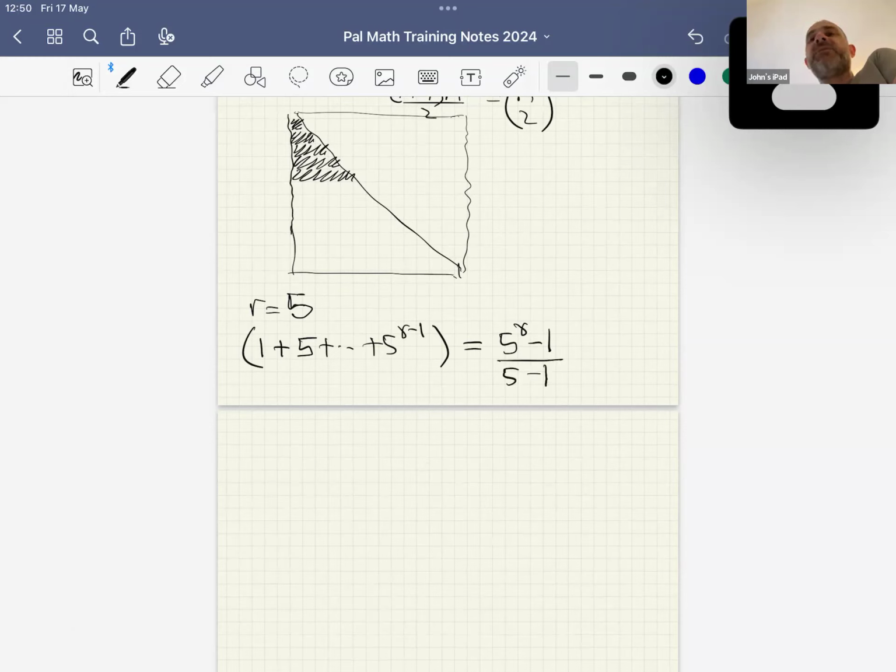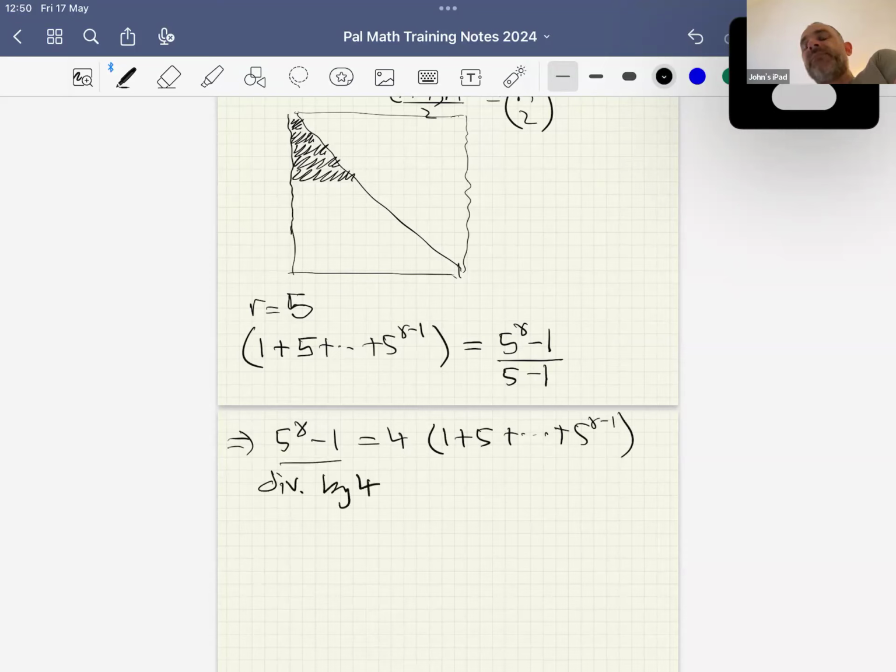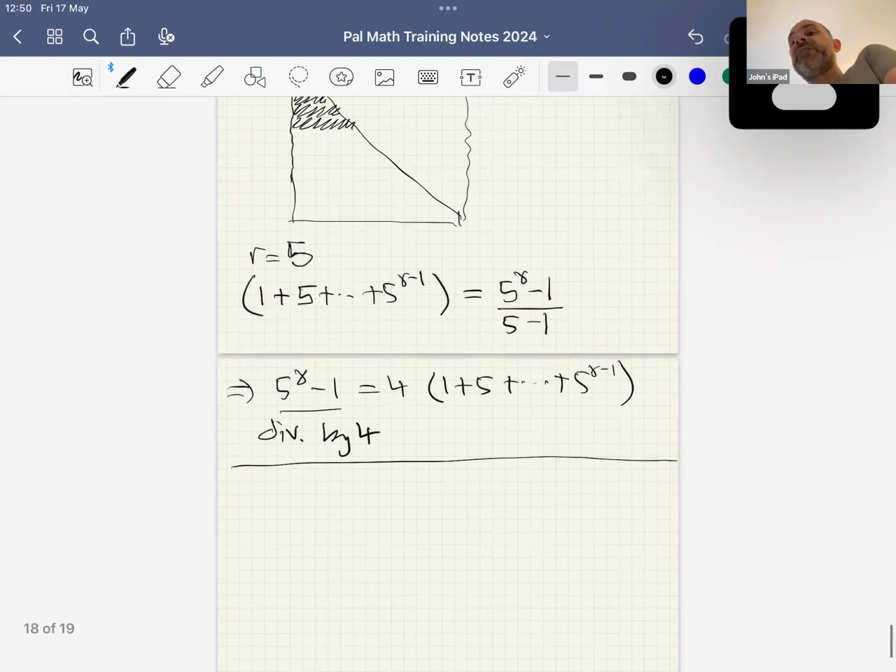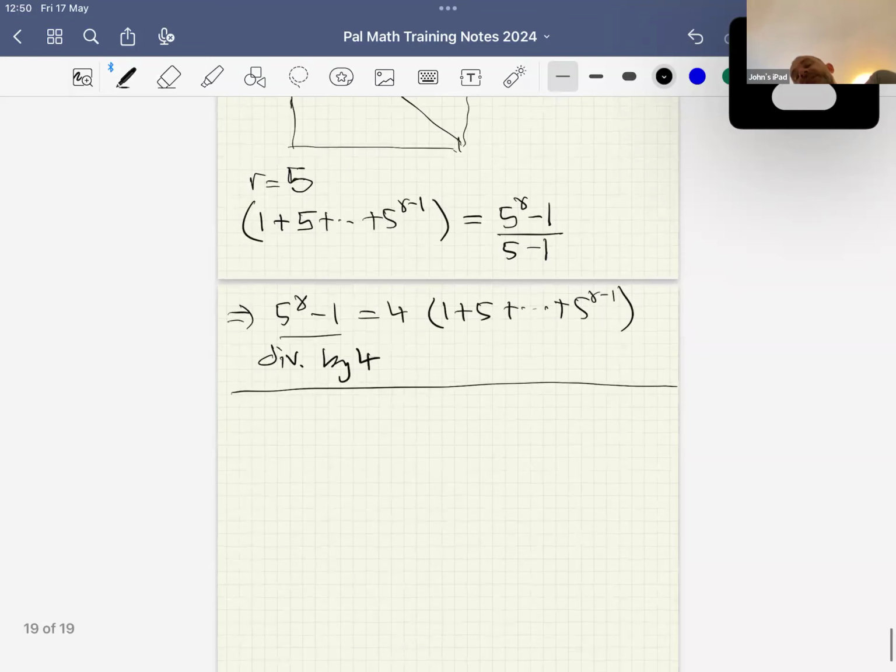Now 5 minus 1 is 4. So you actually get 5 to the gamma minus 1 is 4 times (1 plus 5 plus ...). So the whole point is this is divisible by 4, which we had proved anyway using modular arithmetic. But this is just a more concrete way of saying it.